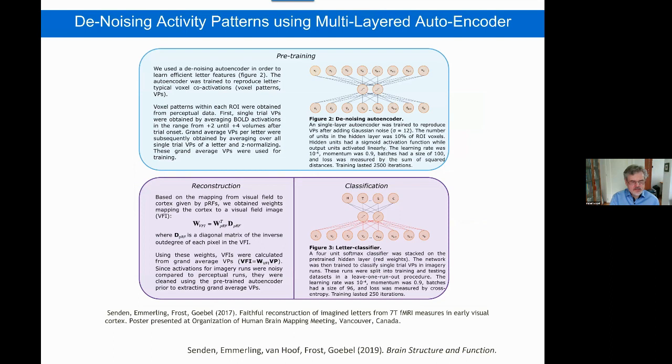To these patterns, we added noise and asked the denoising autoencoder to recreate the noise-free patterns which we had obtained in the perception trials. We hoped that based on this training, the network would also denoise activity patterns obtained later during mental imagery.